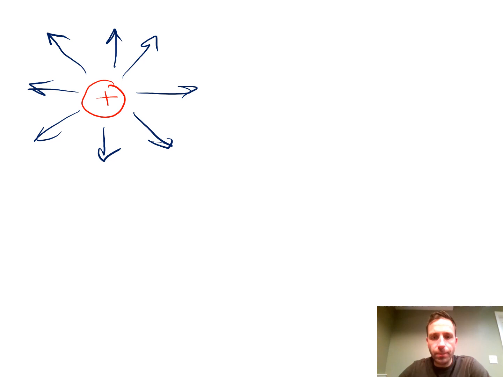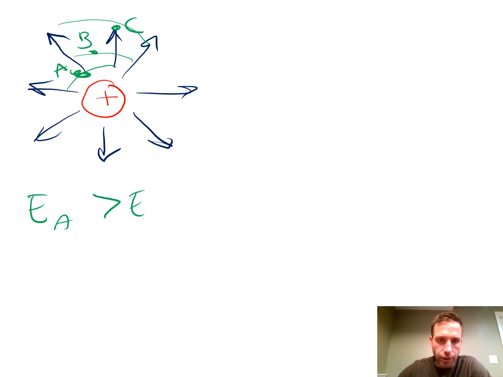If we were to try to compare the strength of the electric field at different points, let's say point A is here, and B is here, and C is here, the way we tell the relative strength of the electric field is to see how closely together the electric field lines are packed. So you can see at A they're more densely packed than at B, and certainly at C they're the least packed. And so I'd say the electric field at A is greater than the electric field at B, which is greater than the electric field at C.